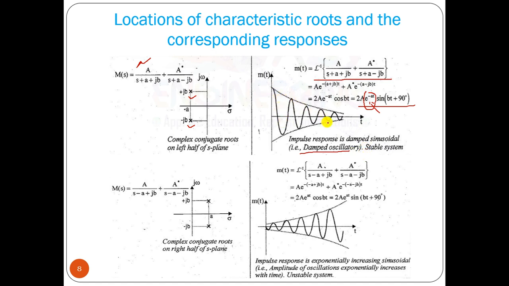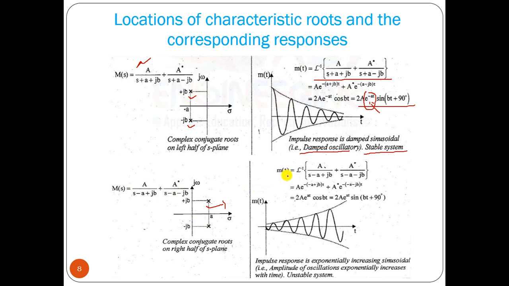So the output response is going to decay and it will reach the steady state value. So it is called a stable system. Now if we have complex poles on the right half plane, then the transfer function is A by (s minus a plus jb) plus A star by (s minus a minus jb).